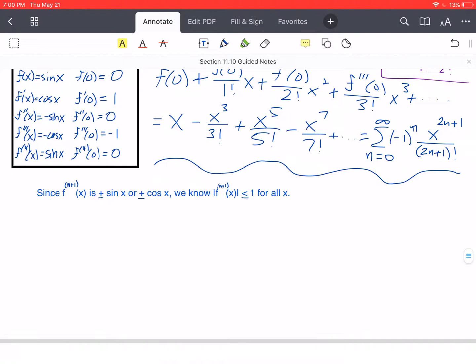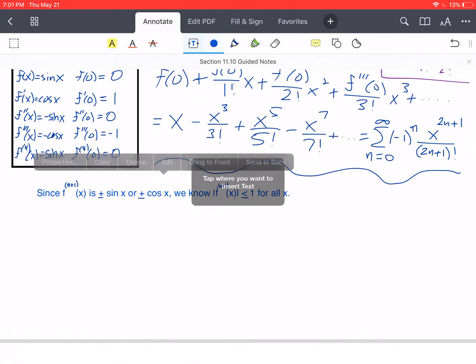That's because sine and cosine are bounded between -1 and 1 at all times. So the absolute value of that function, because it's sine or cosine, must always be less than or equal to 1.